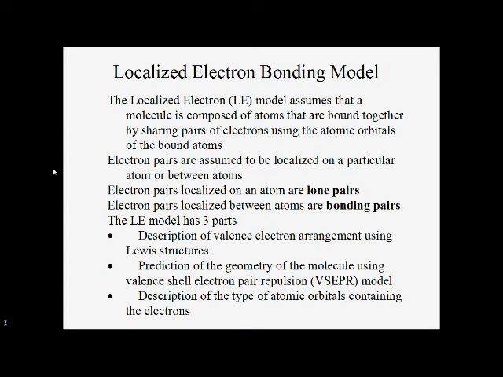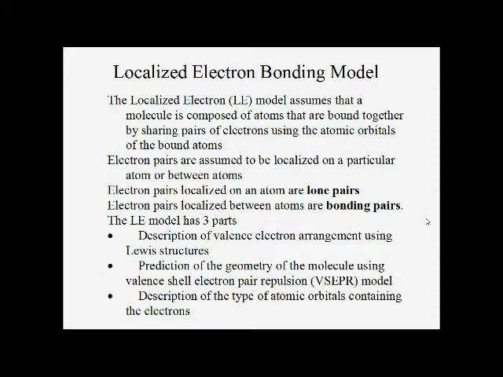We're going to start off with a type of localized electron bonding model. This just means that the electrons are on the atoms and not shared throughout the whole molecule. Electrons are going to be either in bonding pairs between the atoms or in lone pairs on one atom.